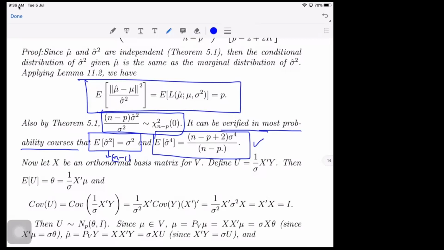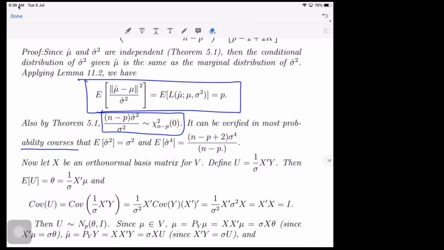So actually, this is a product moment. Let us suppose we know this from probability courses, and of course, this is an unbiased estimator property.